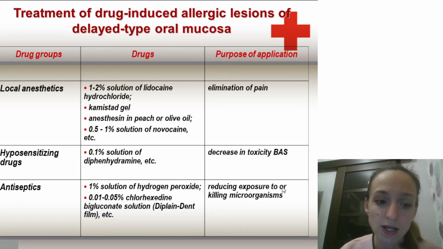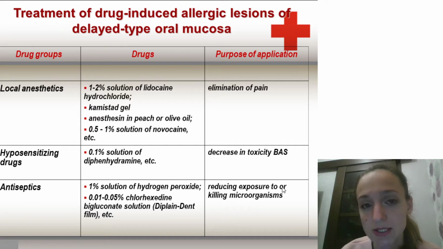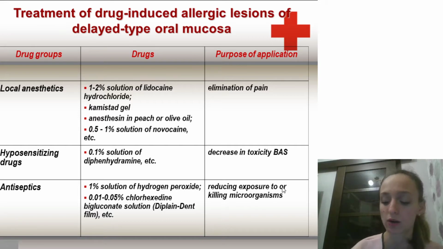Next, hyposensitizing drugs: 0.1 solution of diphenhydramine, etc. It decreases the toxicity of BAS. And antiseptics: 1% solution of hydrogen peroxide, reducing exposure or killing microorganisms.